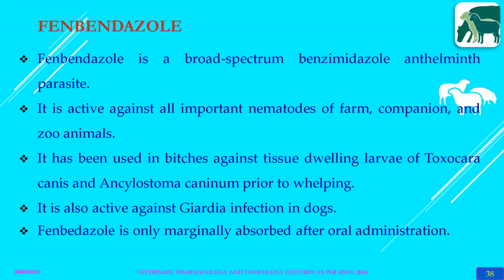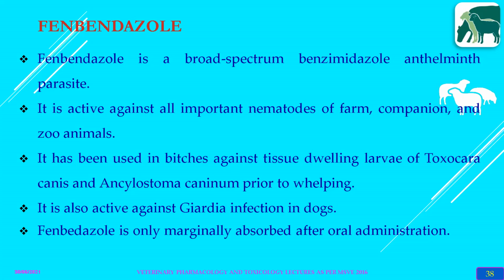So you know the life cycle of Toxocara. Usually the eggs of Toxocara canis are laid, then swallowed by other dogs. Then the larvae penetrate the intestine, enter the liver, and go upwards to the lungs.